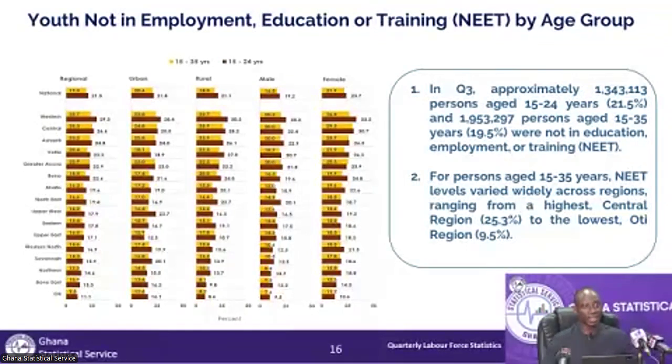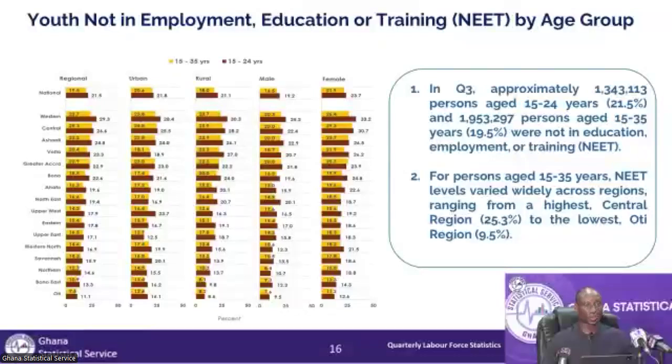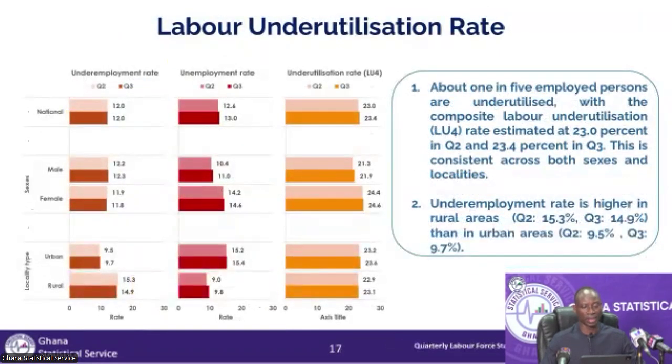So these are critical risks for long-term productivity, social inclusion, and national growth, which must be watched carefully. Now let's look at labor underutilization rates. About 1 in 5 employed persons were underutilized in terms of labor.